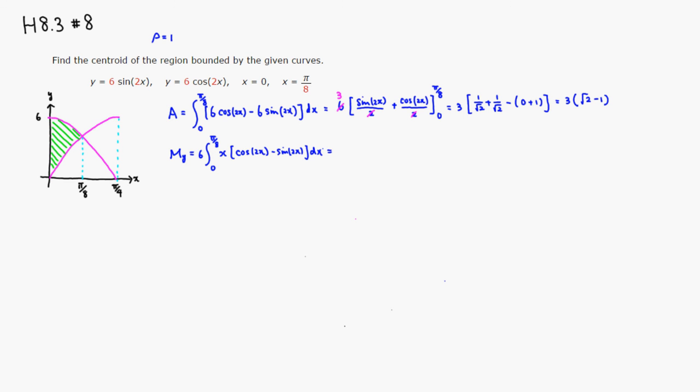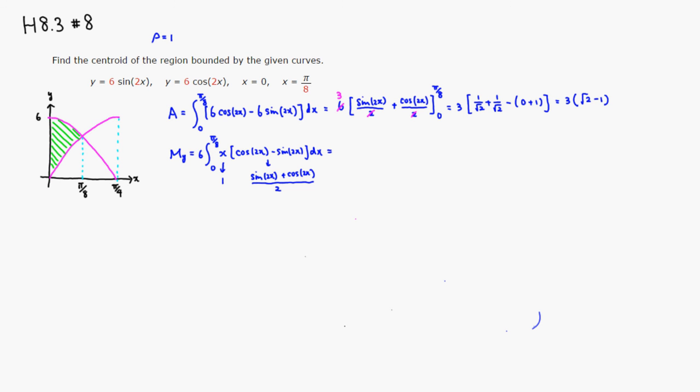We need to use integration by parts. The derivative of x is going to be 1, and the antiderivative of those, we actually did that before, is sine of 2x over 2 plus cosine of 2x.